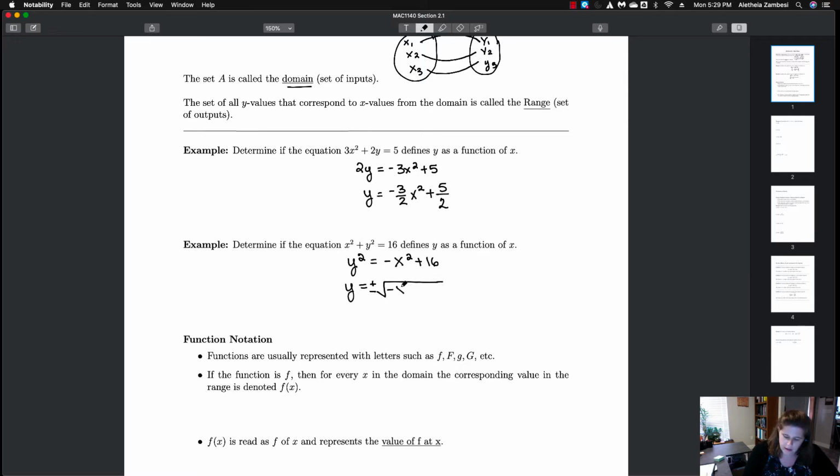So plus or minus the square root of negative x squared plus 16. Since we have y equal to the positive of the square root and the negative of the square root, what we have is not an isolated case. So this one, yes, is a function. This one, no, is not a function of x, since y cannot be isolated and be unique. So this value is not unique.